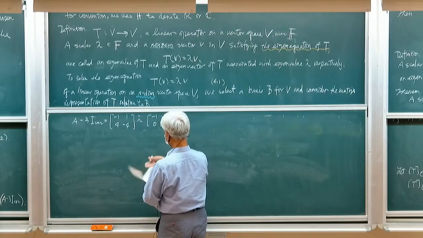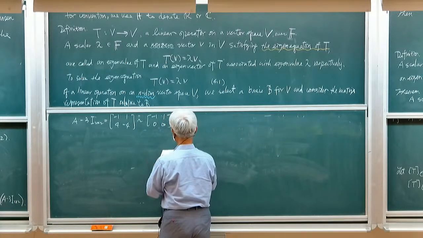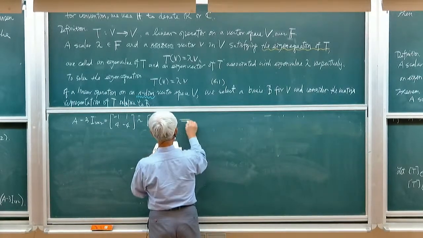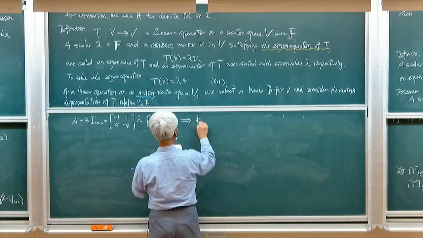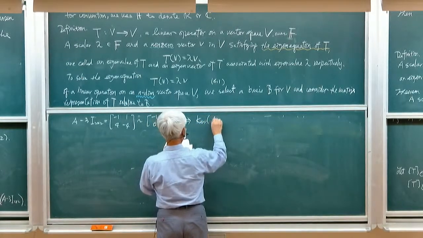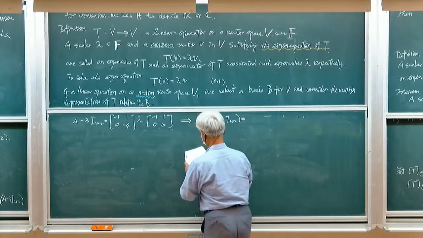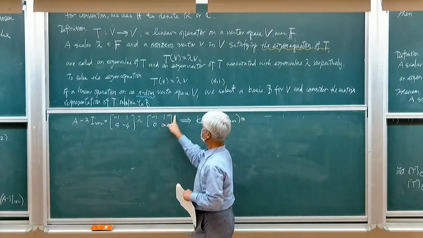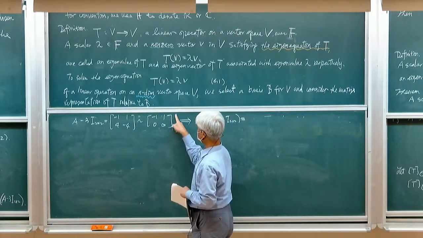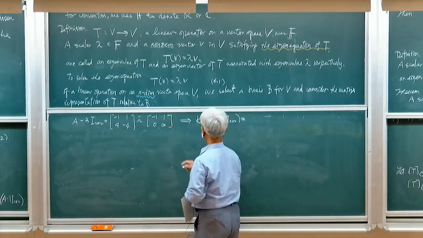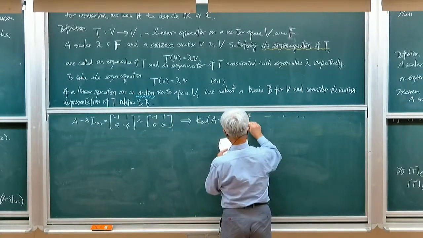And from this matrix, you will see that the kernel of this matrix. So you see the unknowns x1, x2 should be equal.